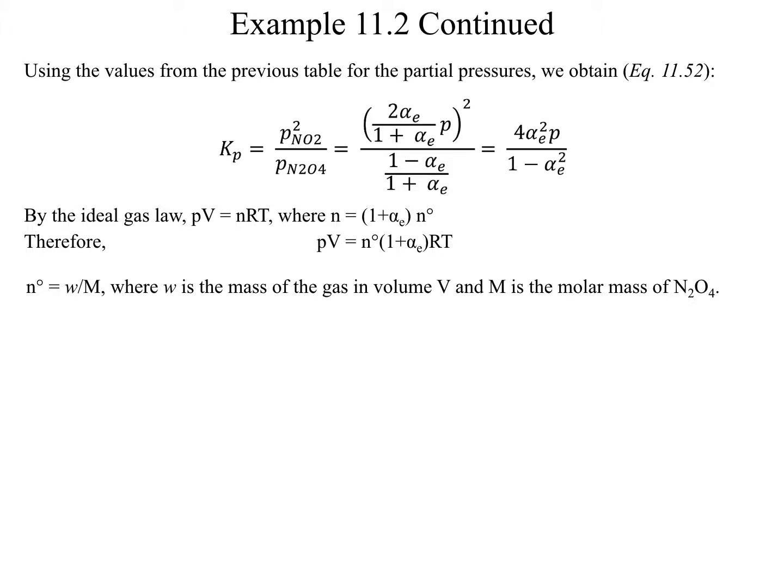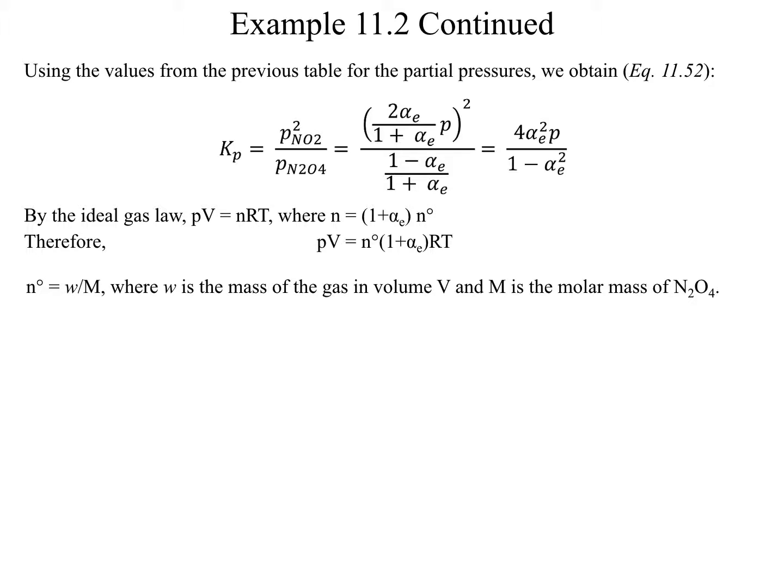N0 is simply the initial number of moles of the reactant, equal to W over M, where W is the mass of the gas in the beginning, in the volume V, and M is the molar mass of N2O4. Now we can get rid of N0 and write in terms of these other constants.